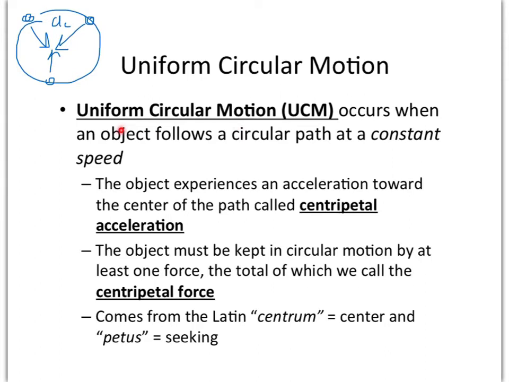Uniform meaning that it is moving around in a circle at a constant speed. I really can't say constant velocity, right? Because the velocity keeps changing because the direction keeps changing. But a constant speed. It follows a circular path. And what's causing that is this centripetal acceleration. Centri, you can probably figure out, means center.